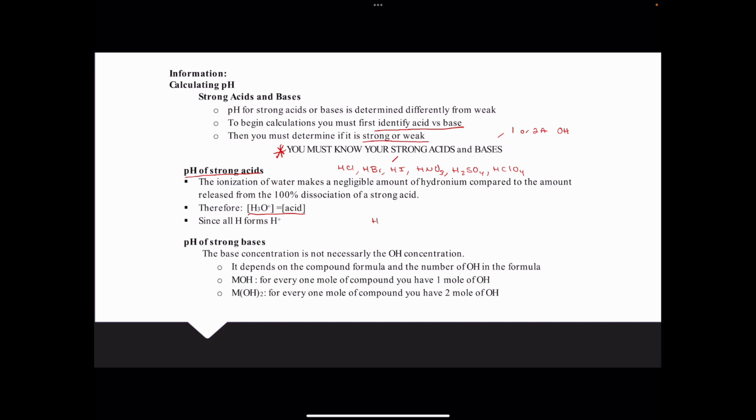So if we had something like HCl in water, and we start off with a 2 molar solution, all of these hydrogens off of the hydrogen chloride are going to become hydronium.